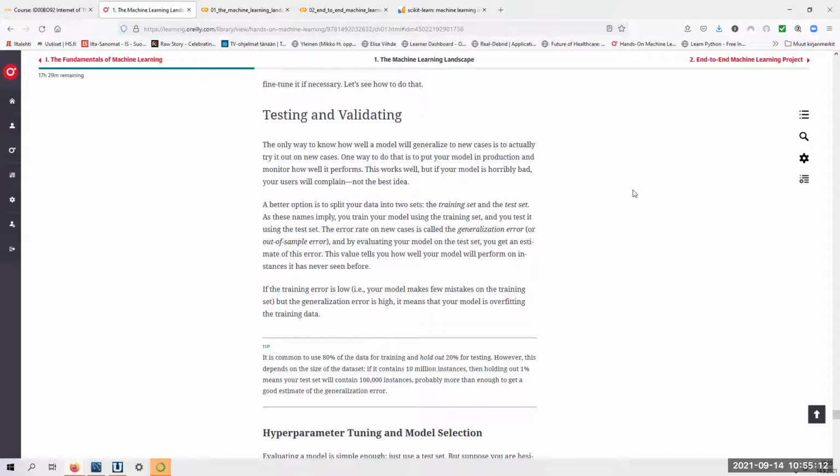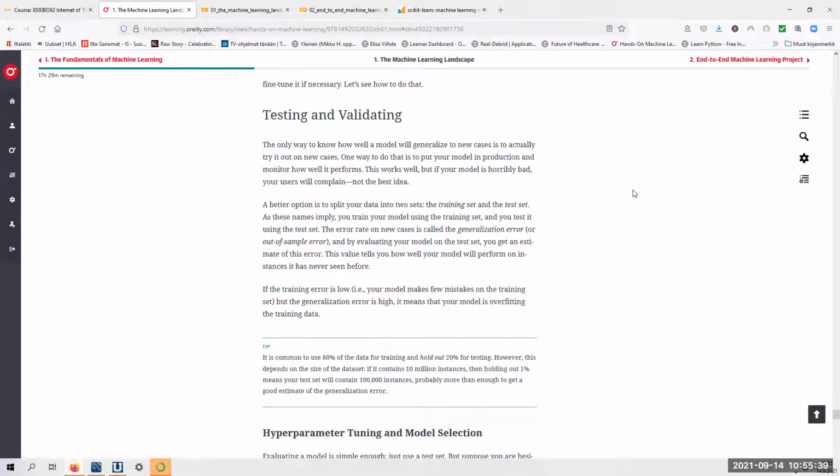And this, in practice, is done by splitting the dataset in two before the model training. You have a training set and the test set. So you train your model using the training set and you test it using the test set.